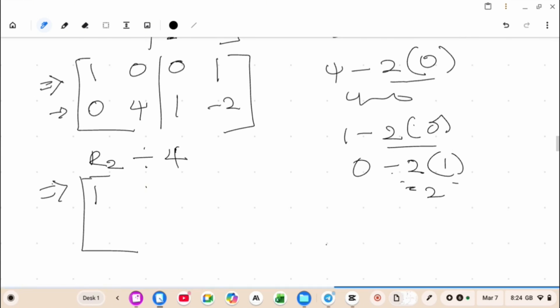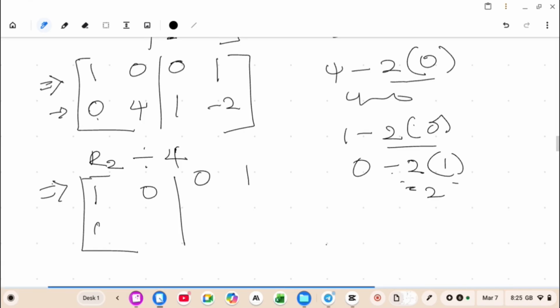We have our 0 here. We have 0. We have 1. So row 2: 0 divided by 4 is 0. 4 divided by 4 is 1. 1 divided by 4 is 1/4. And then negative 2 divided by 4 is negative half.